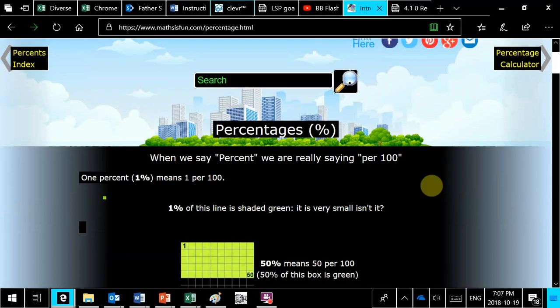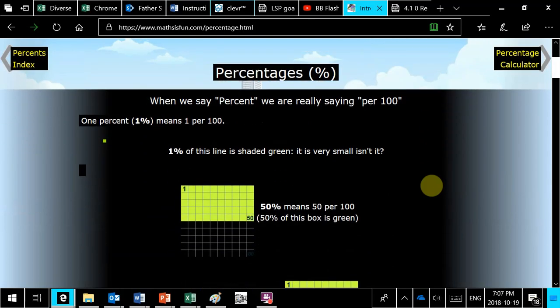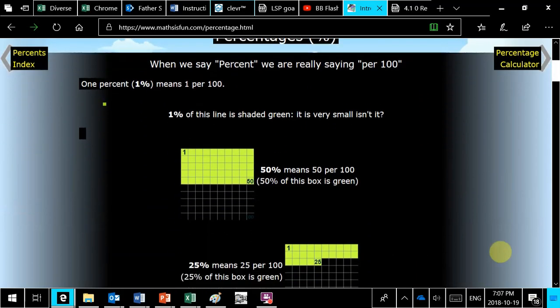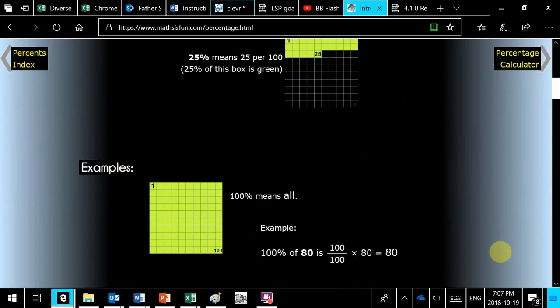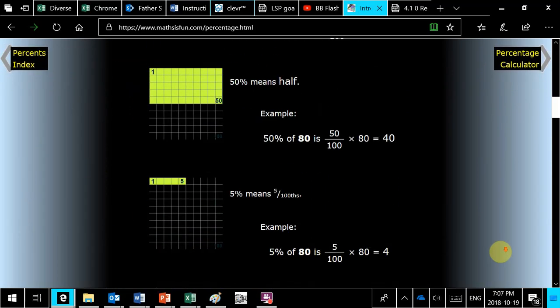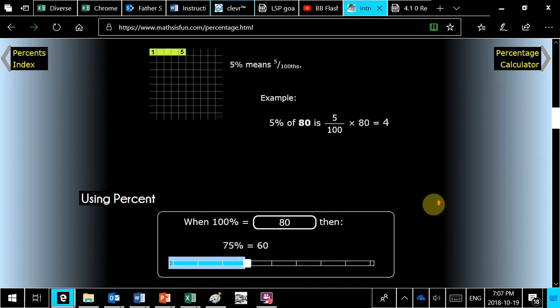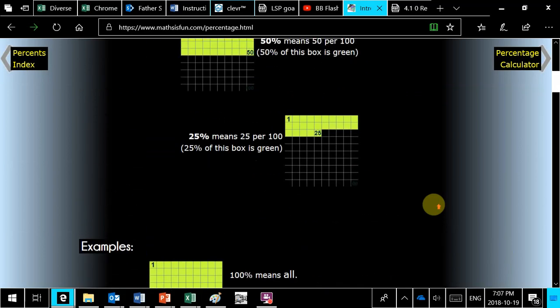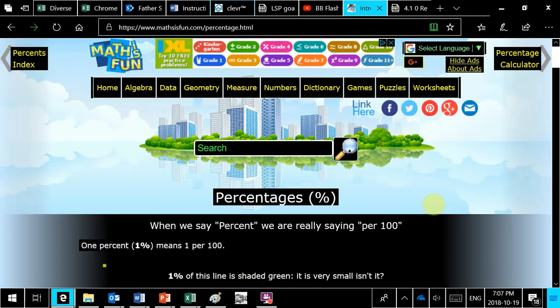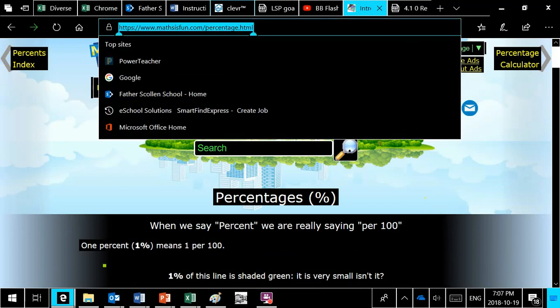So obviously yours is going to look different just in terms of the colors, but you're just going to scroll through and read through all the examples that they have, and they also have 100 grids, and I just want you to read through that. Okay, so what you should do is pause the video right here, and then go to your web browser and type in this URL to access this web page.